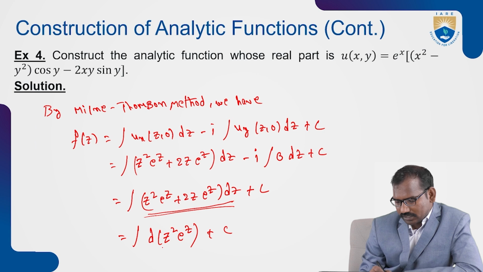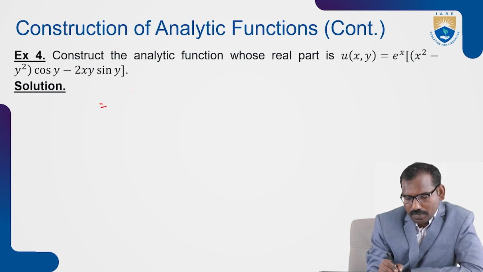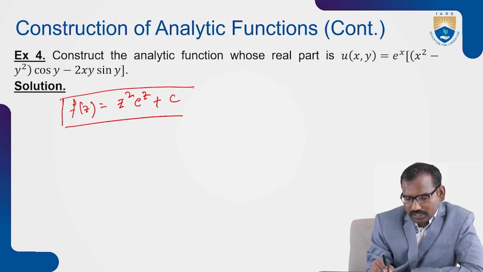This whole term I am writing as derivative of z square e power z, because derivative of z square e power z is z square e power z dz plus 2z e power z dz. Now you can write it as z square e power z plus c. Okay, this is nothing but f of z.